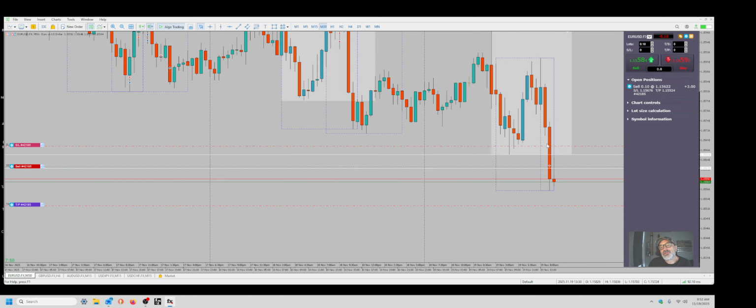So my expectation would be to stay below that area, even if we had a pullback, and keep me in the game. I'd like to see a break below this low here to take us to the profit area. And I like to see maybe a little bit of buying.